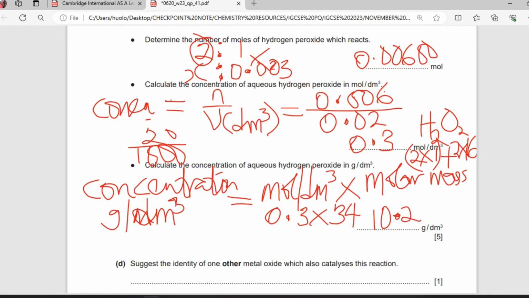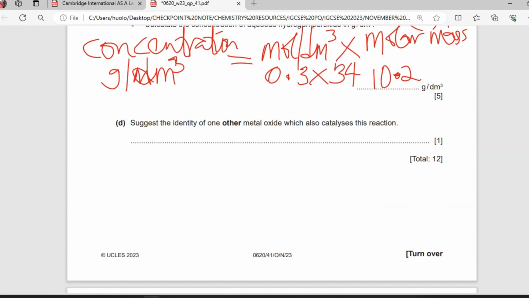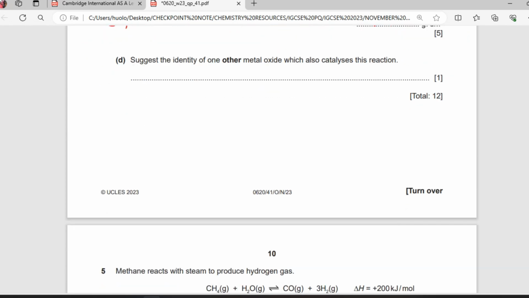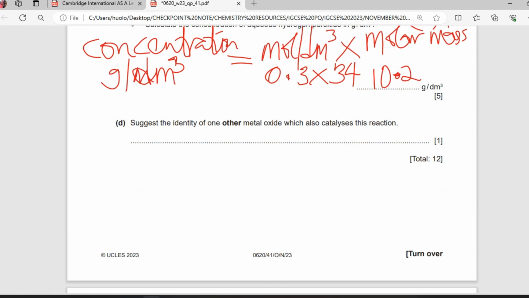So that's our answer, 10.2 gram per dm cube. I hope we don't have issues with the calculation done so far. This is pretty great. So we make progress now. That seems to be the last question today.